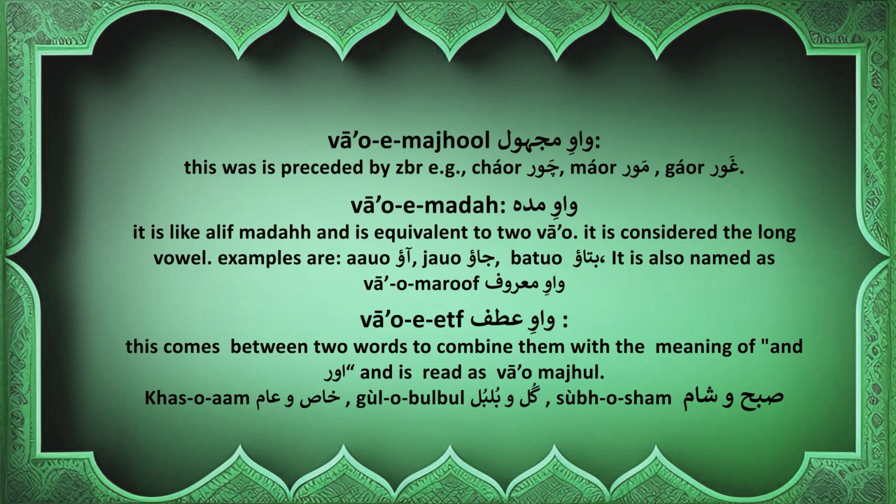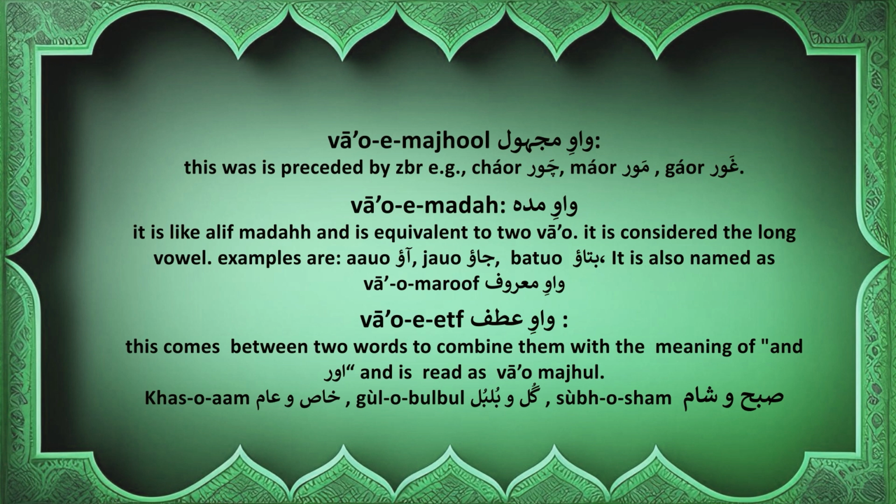For example, khaso am, gulo bulbul, subho sham. The vav is pronounced sort of majhul. We can read these examples like khas or am, gul or bulbul, subh or sham.